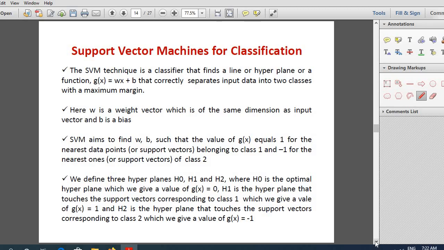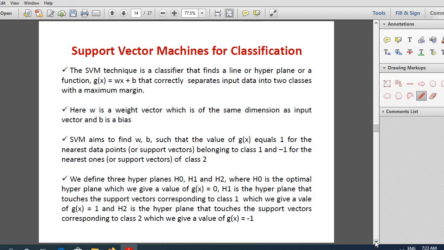So in training, each data point will be associated with an output. That is, for the first height and weight combination, you know that the person is male or female. Only if you know whether he is male or female during training can you find the support vectors of each class. That is the main role of output data. I hope the significance of output data in the problem we discussed is clear.